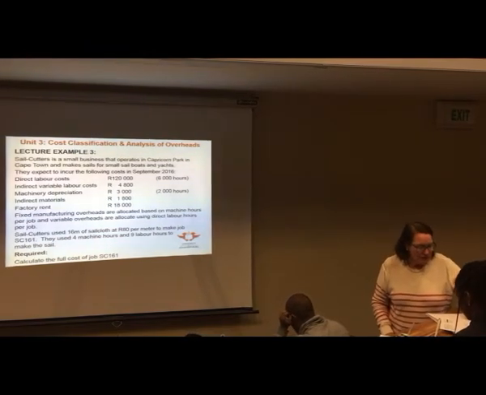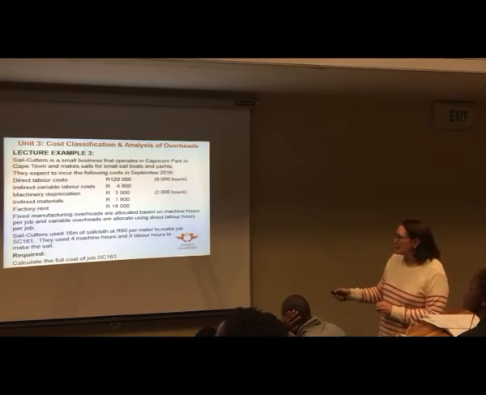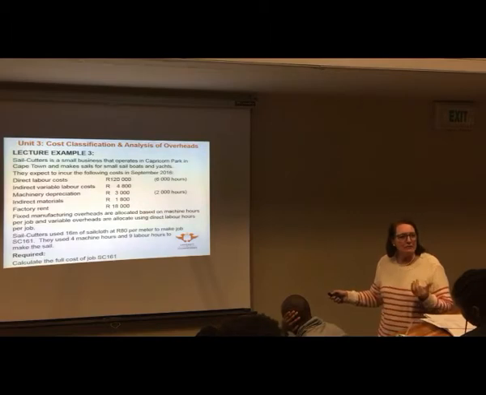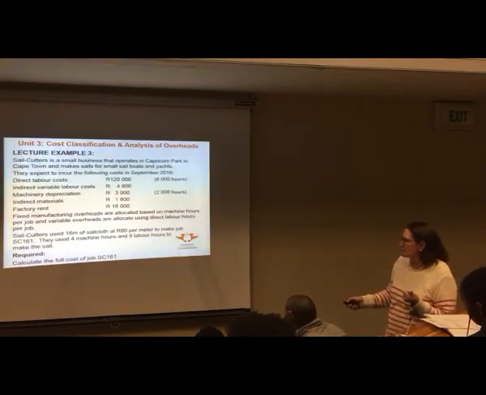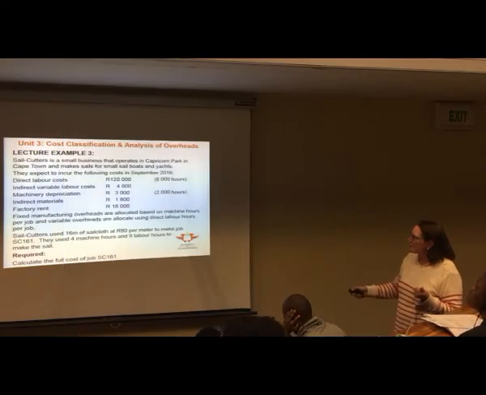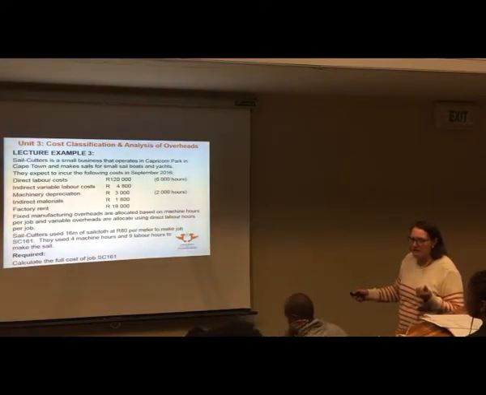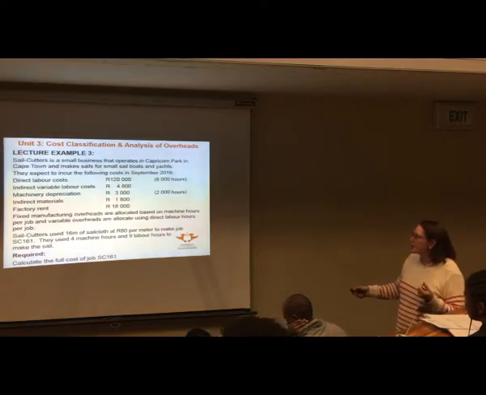Right, now we must do indirect material. Indirect materials is a variable manufacturing overhead. Variable overheads are allocated using direct labor hours. So we must take the 1,800 divided by 6,000, which is 30 cents, am I right? 30 cents per direct labor hour.